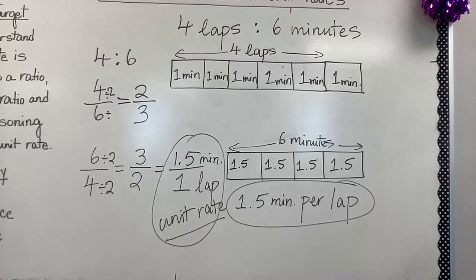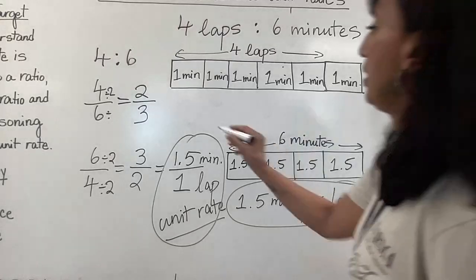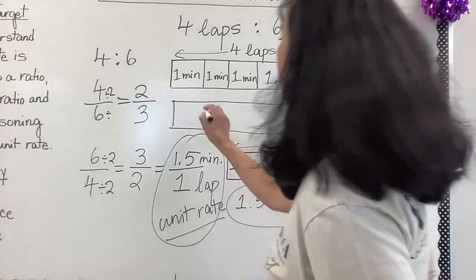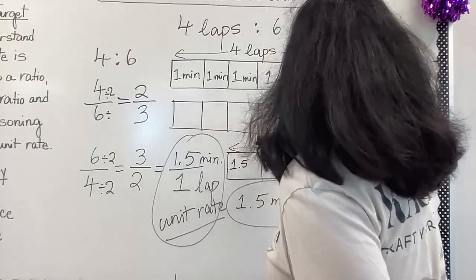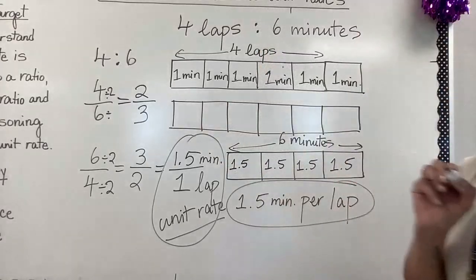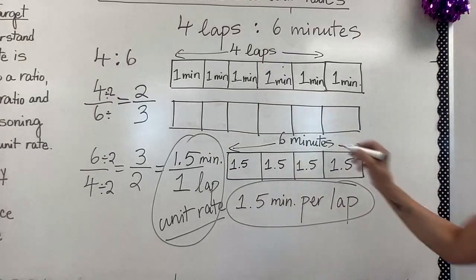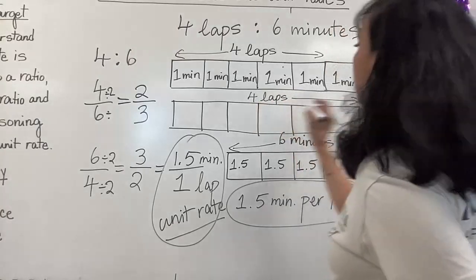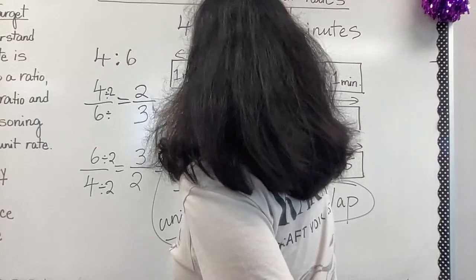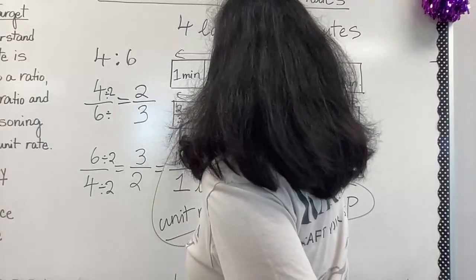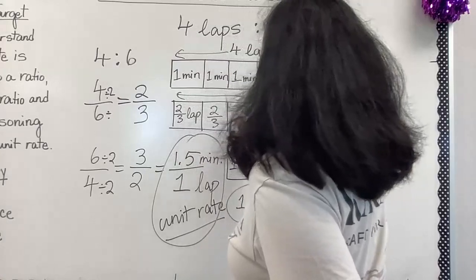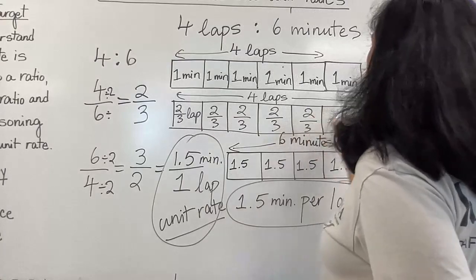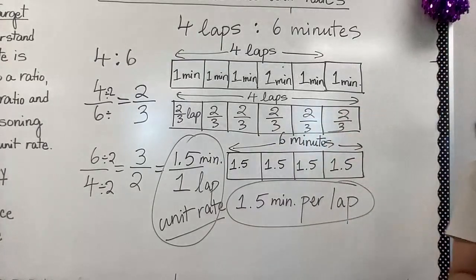So if I have 4 laps and I am trying to see how many laps per minute? 1, 2, 3, 4, 5, 6. All right, so this is 4 laps, this whole thing. And so each is going to be 2/3 lap. Here we go.